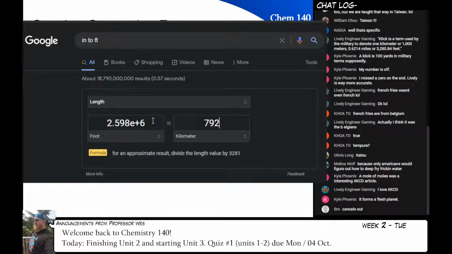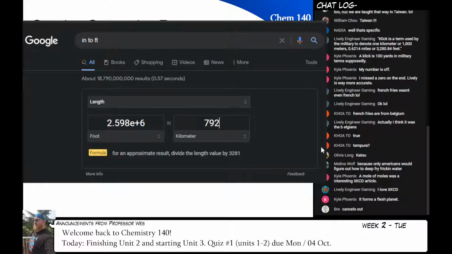I mean, yeah, I know you can do that, right? But what I'm going to do is make up a unit, and I'm going to say, how many squips are in a kilometer if a squip is 17.5 inches? You can't do that on Google, because Google doesn't know what a squip is, right? So you're going to have to use these fictional units with conversions that I give you. And if you haven't done the process, you won't know how to do it.